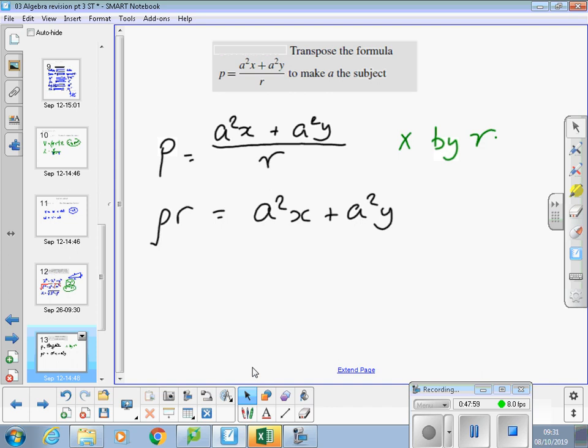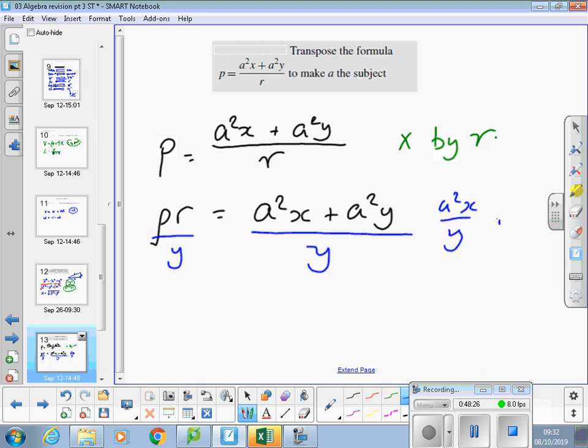If I divide by y, I have to divide all of this by y. Has that helped? It'll cancel that y out there, so what we'll effectively have is a squared x over y plus a squared.